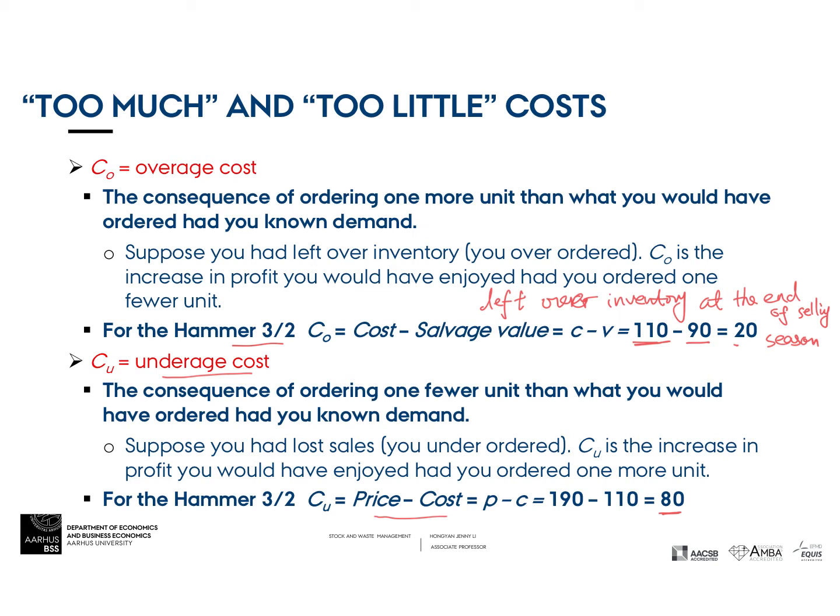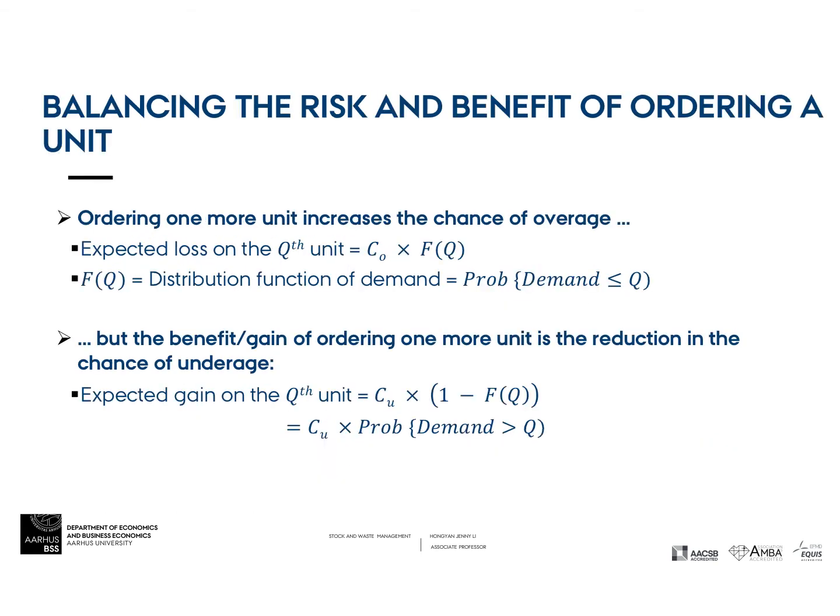Based on this underage cost and overage cost, we can find the optimal order quantity. If you understand the meaning of overage cost and underage cost, now we can put them into the real sales situation. For example, you order Q units.